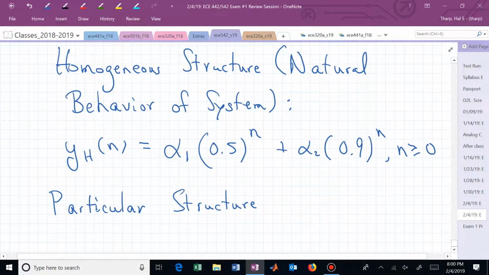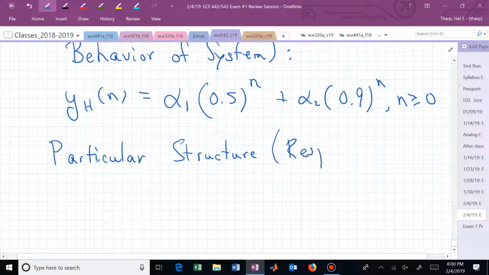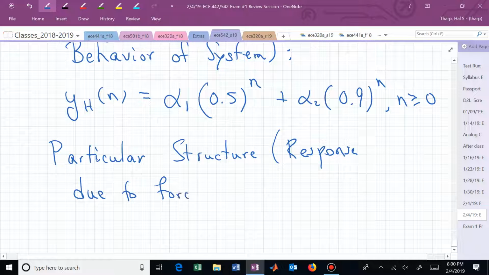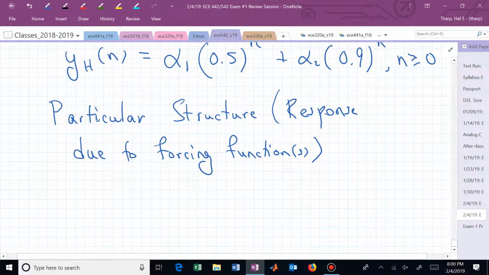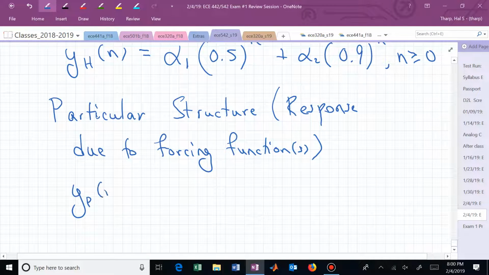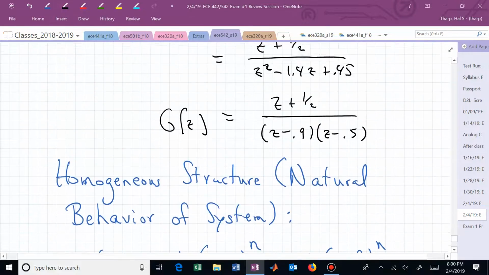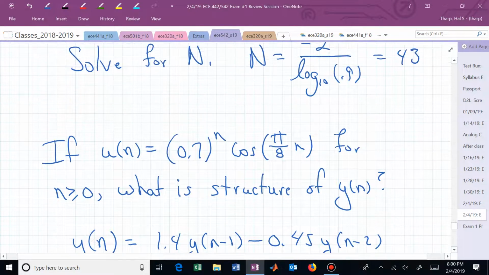So the response due to that input, y sub p of n, is now really just a sine and cosine weighted of that same exponentially damped cosine that we excited the system with.